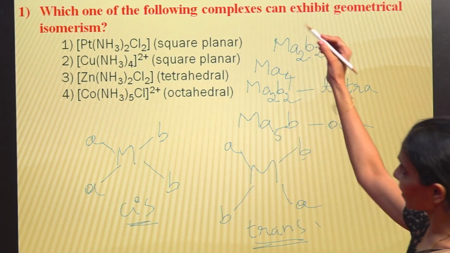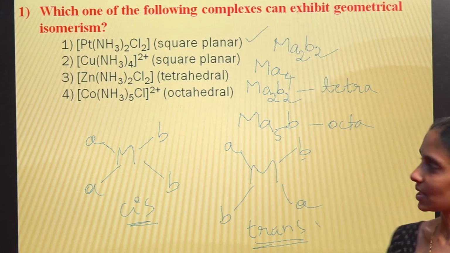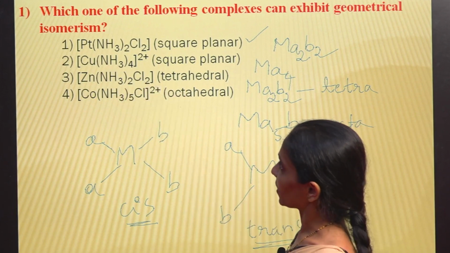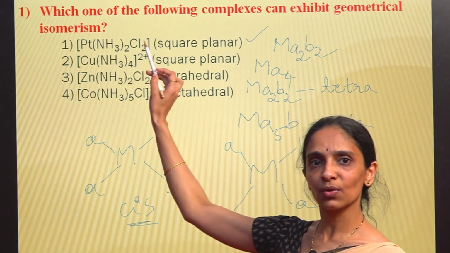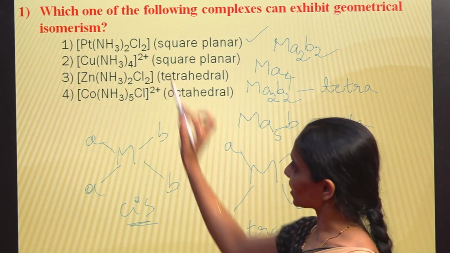So the first complex shows geometrical isomerism or cis-trans isomerism. What is the problem in the second complex? Actually, all the ligands are of the same type here, so it cannot show cis-trans isomerism.